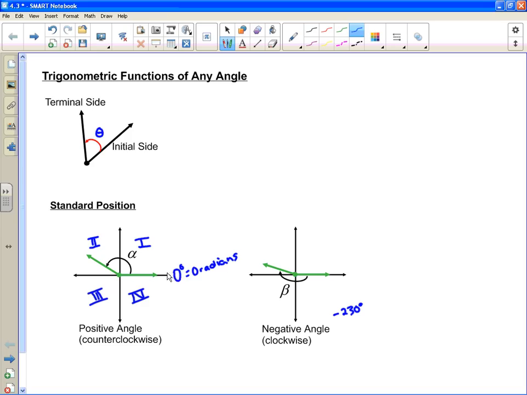In 4.1 we talked about a ship's bearings, where in navigation a lot of times they start with 0 up here and go this direction, like a compass. We may have some times where that comes up, but for the most part we're going to put it in standard position, which means 0 degrees is right here on the positive x-axis.